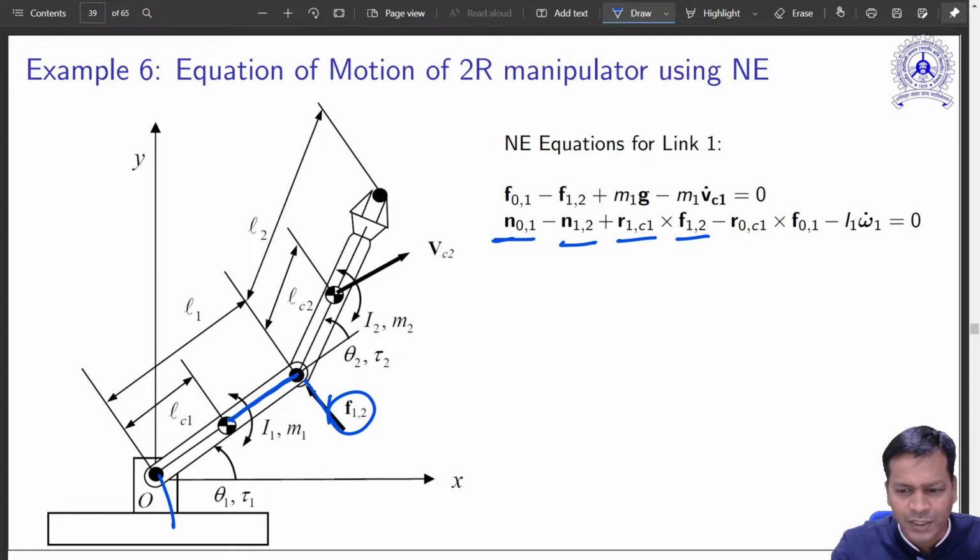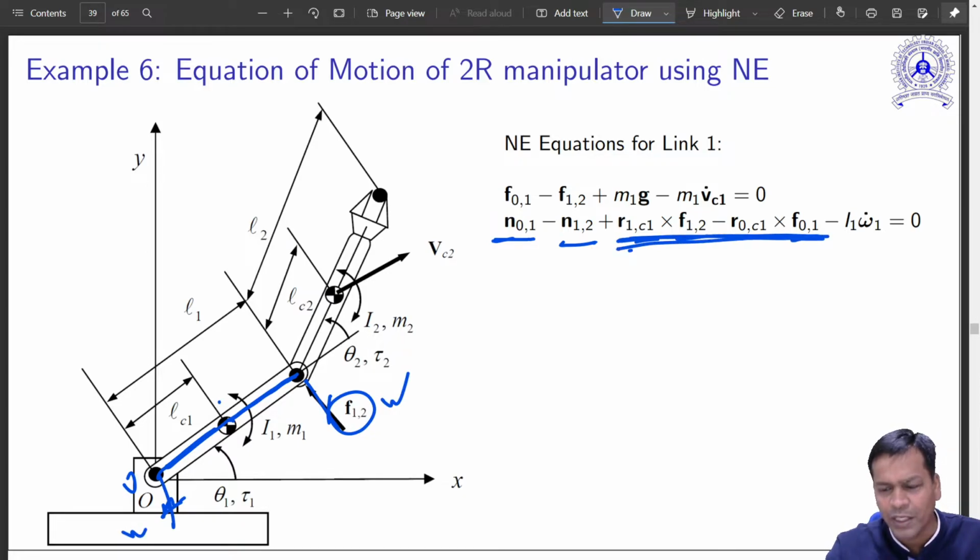Mind it, this is 0, so 1 is this. Then R0C1, this distance, cross F01, that is this force. These two terms are the moments created at the center of gravity location because of these forces.